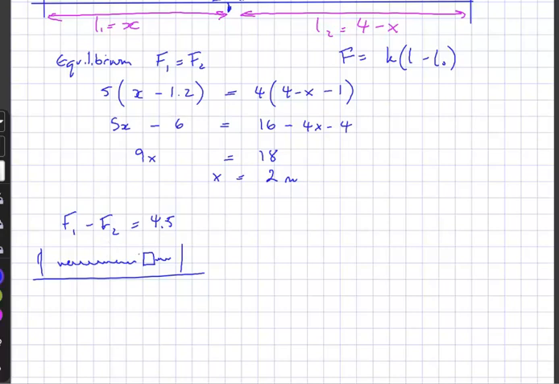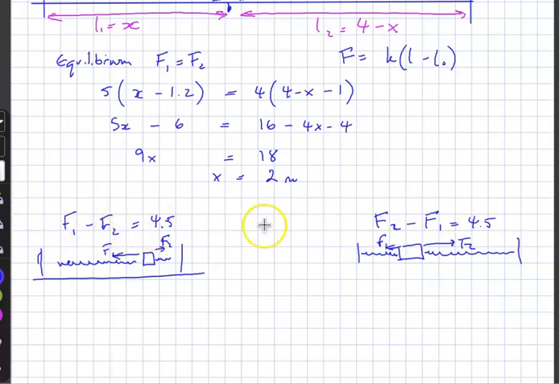The force pulling it back toward the left is greater than the force pulling it to the right. Alternatively, I can have a situation where it's the other way around. The force pulling it to the right is greater than the force pulling it to the left, and that will occur when the object is pulled to the left hand side, and F2 is going to be greater than F1. It's trying to pull it back to its point of equilibrium.